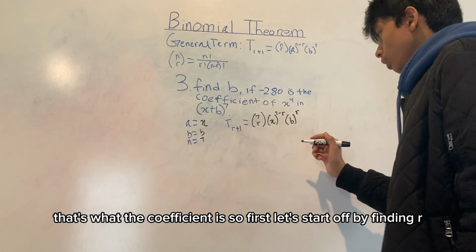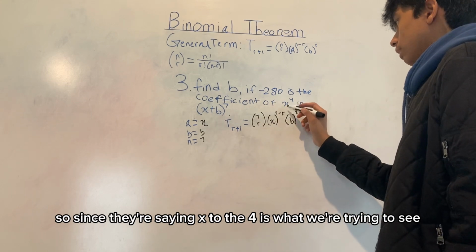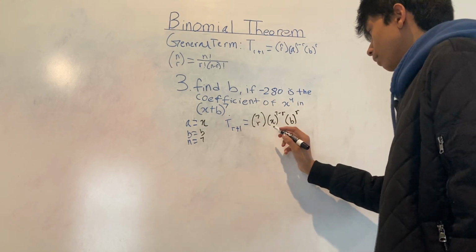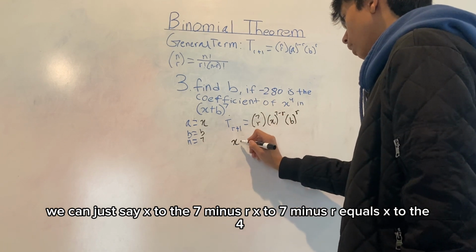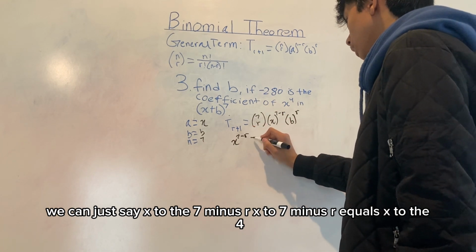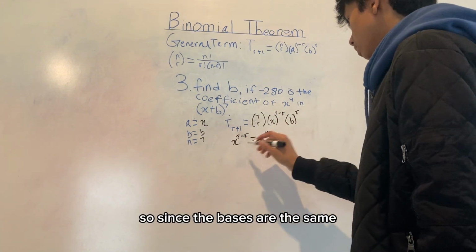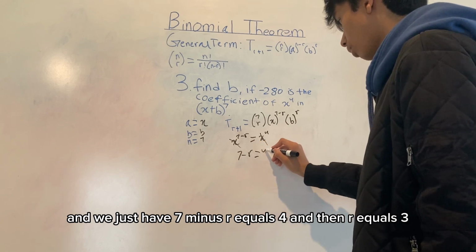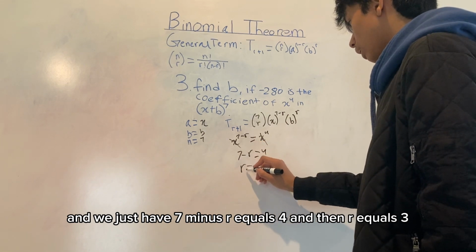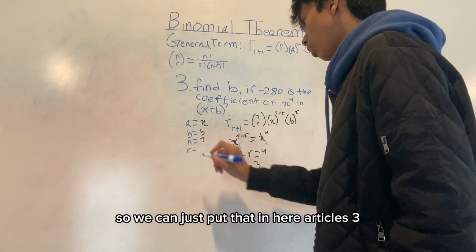So first let's start off by finding r. Since they're saying x to the 4 is what we're trying to see, we can just say x to the 7 minus r equals x to the 4. So since the bases are the same, we can cut those off, and we just have 7 minus r equals 4, and then r equals 3. So we can just put that in here, r equals 3.